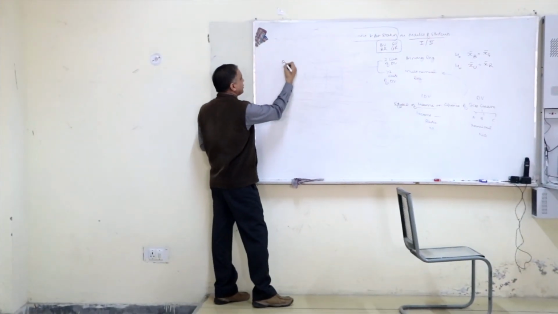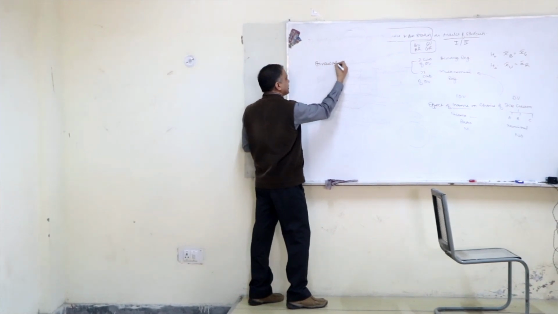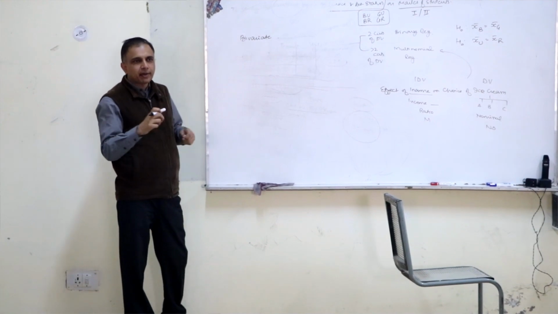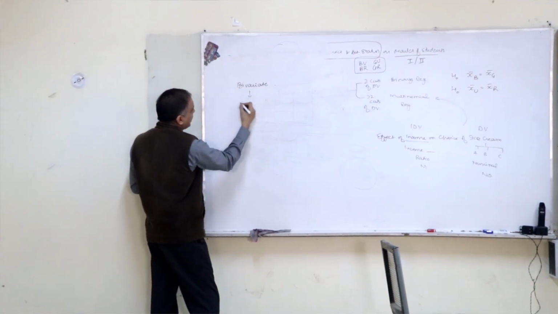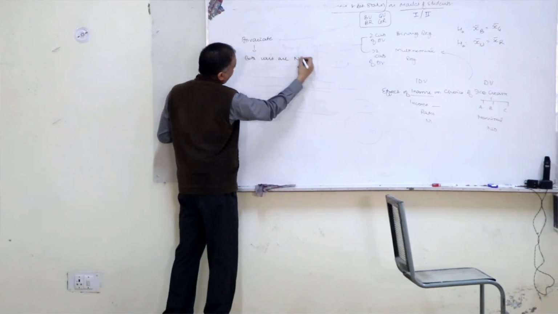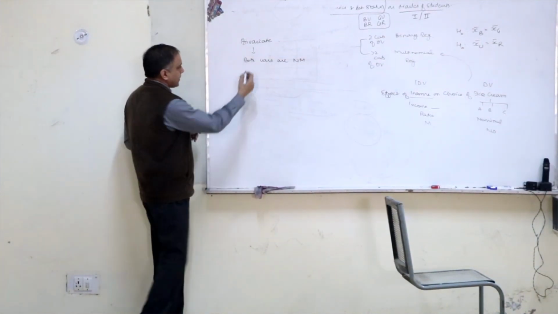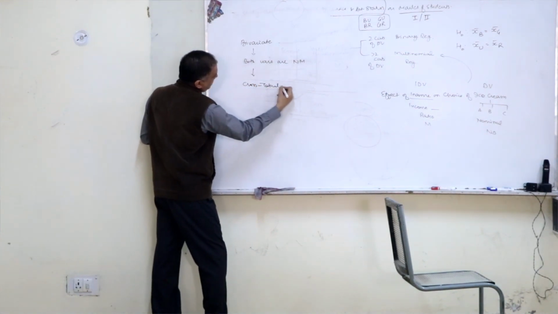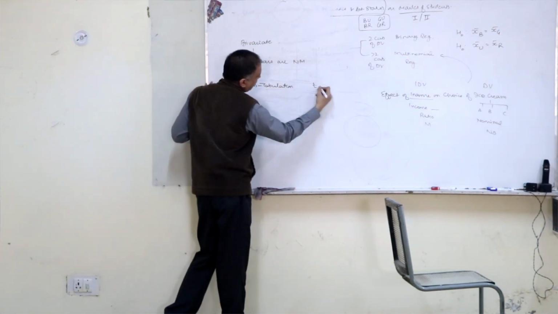First thing, you should have a bivariate analysis. From the objective, you should get into the bivariate. From the bivariate, if both variables are non-metric, then go for cross tabulation. What is the command? table.